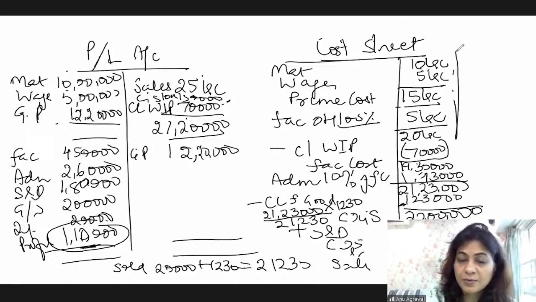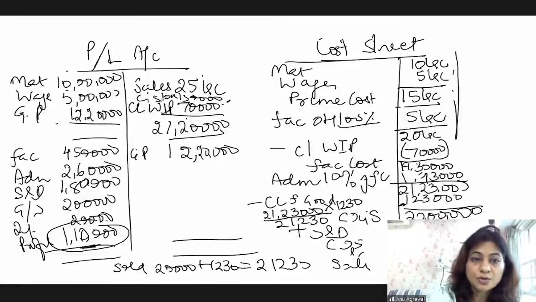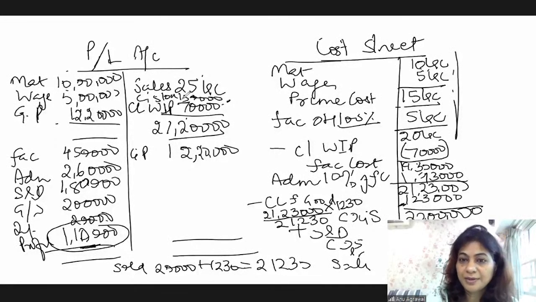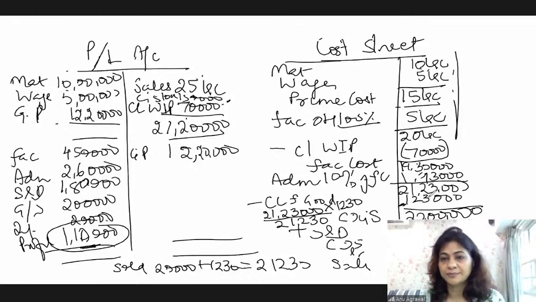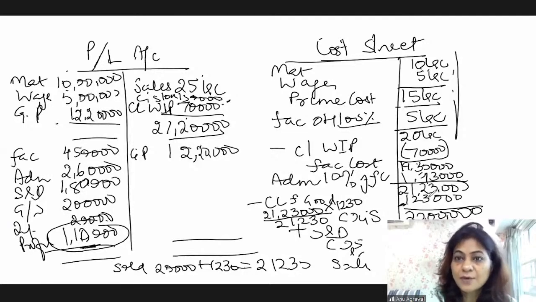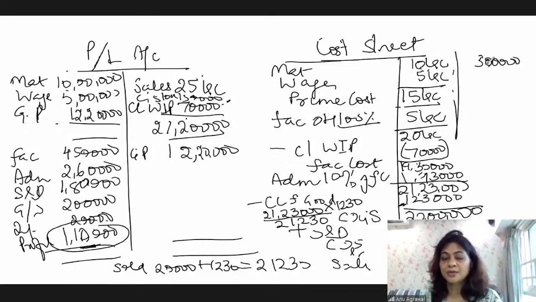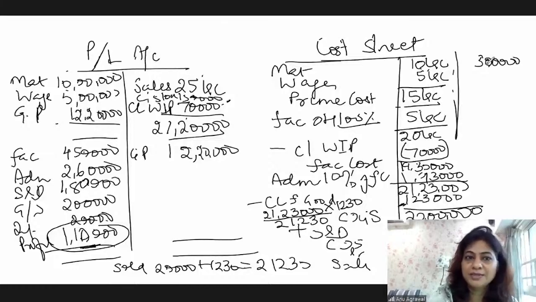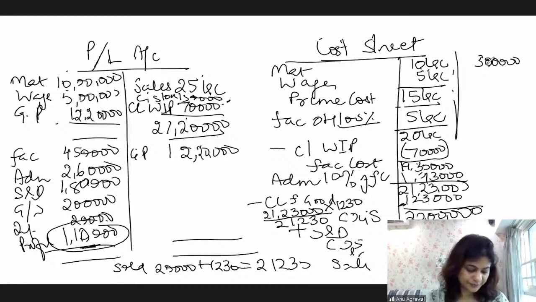If I try to make a reconciliation here, closing stock is 1,50,000 and here it is 1,23,000. So I start from the costing profit of 3 lakhs. One reason of difference I find is that material is the same, wages is the same, closing WIP is the same, but closing stock differs.